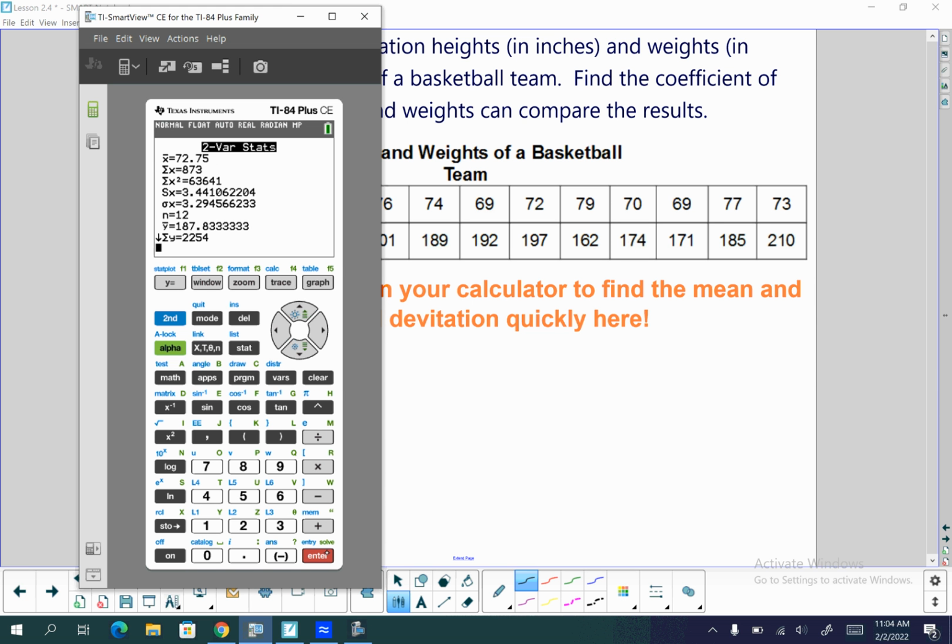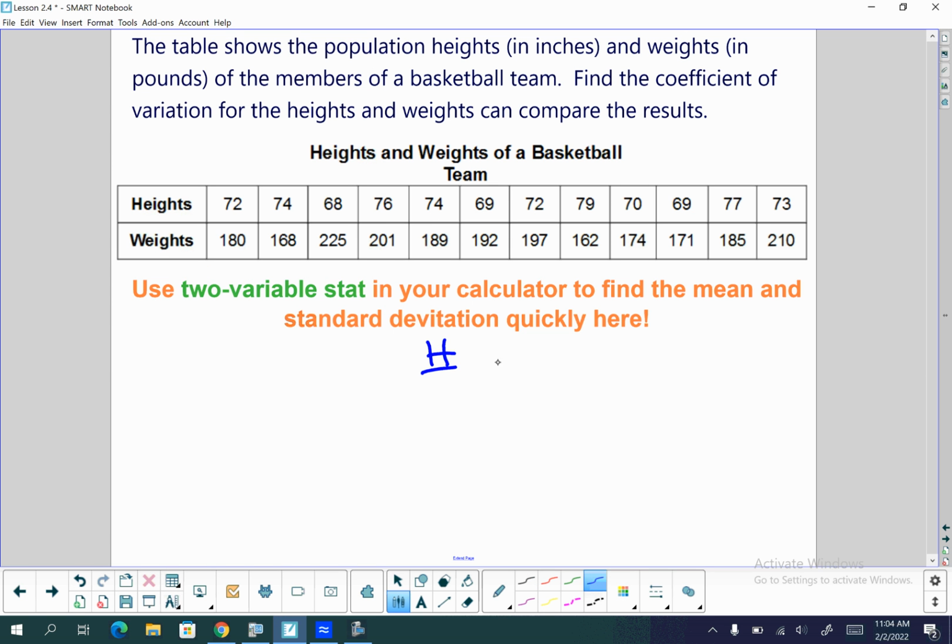Now here's what you're looking for. For each of these heights and weights, you need your standard deviation divided by your mean. Now for weights, they're going to use a y instead of an x. Okay, so can you find on that output s sub x, because that was our first column.